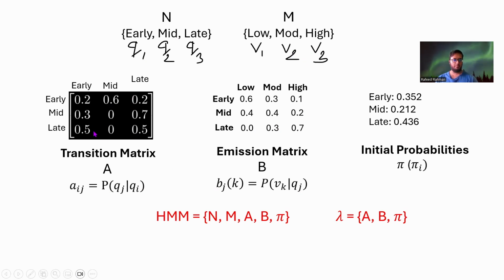Then we have the transition matrix, the emission matrix, which talks about the observations given the state itself, and the initial probabilities. Finally, we have the HMM as N, M, A, B, pi, consisting of all of these things. And we have the parameters of the HMM model itself, which consist of A, B, and pi, these matrices and probability values.